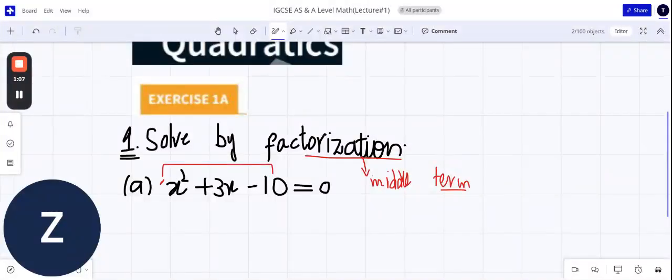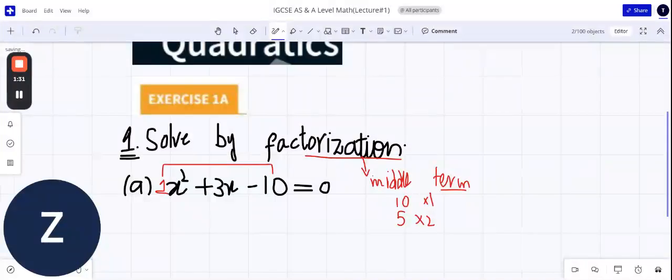There is no coefficient, so it would be 1. When we multiply 1 and 10, we get the same 10. The second point is to find the factors of 10. So the factors of 10 are 10 and 1, then 5 and 2.